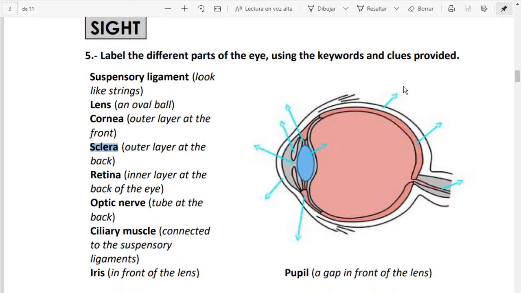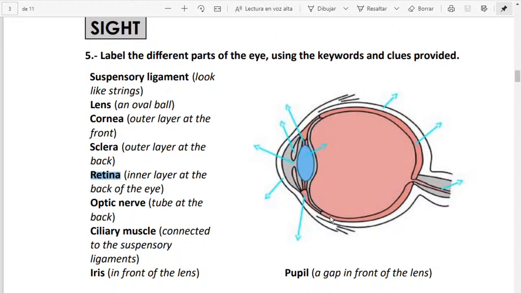Okay, let's go. Retina. Some people say retina one way, some another, but most people say it the same way. The retina is the inner layer at the back of the eye. It is very important because here the sense terminals can be found.